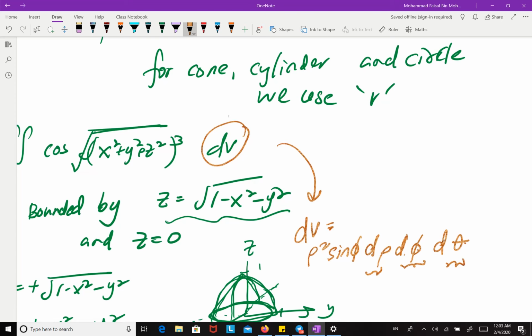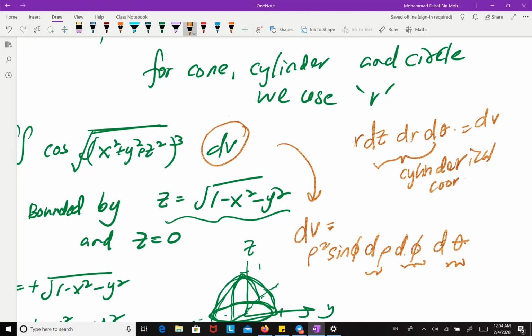For cylindrical coordinates, it's just r dz dr d theta. This is for cylindrical coordinates. So this is the element of the integration.